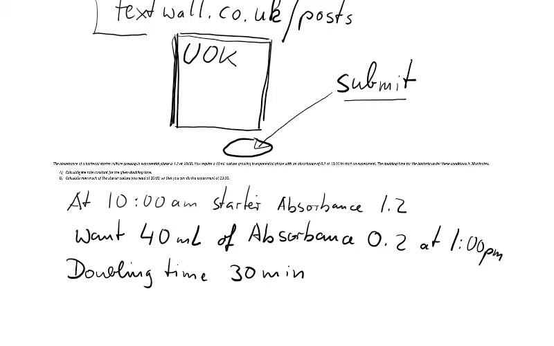This part of an exam question is basically asking about some bacterial growth. And I've emailed you the question, and it basically says the absorbance of a starter culture growing in exponential phase is 1.2 at 10 o'clock.